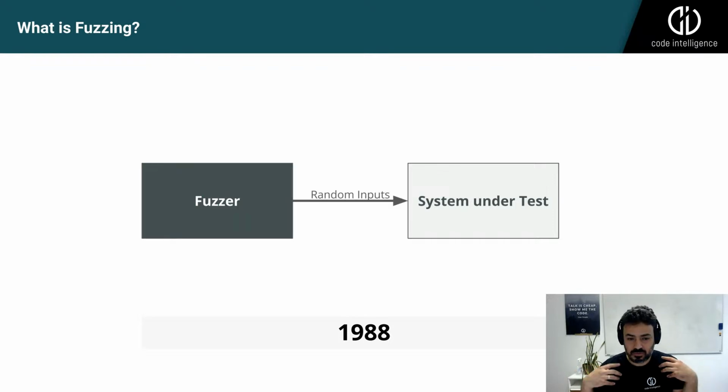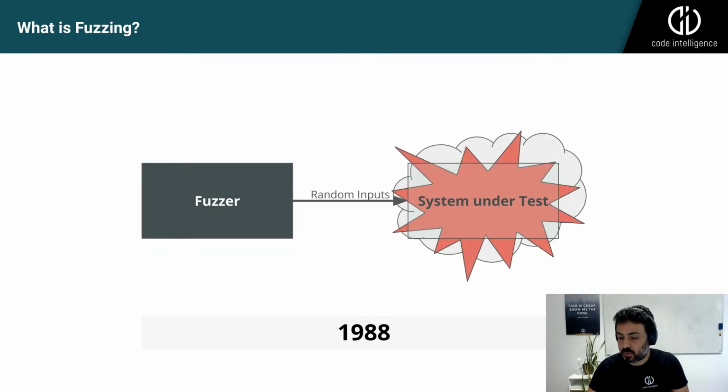This fuzzer simply generates some inputs, and hopefully some of the inputs that it generates would trigger some crash in my system, and this way the fuzzer was able to generate an exact test case or an exact input that actually crashes my application. And this is exactly how fuzz testing started, over 30 years ago. And this is still the main high level idea.